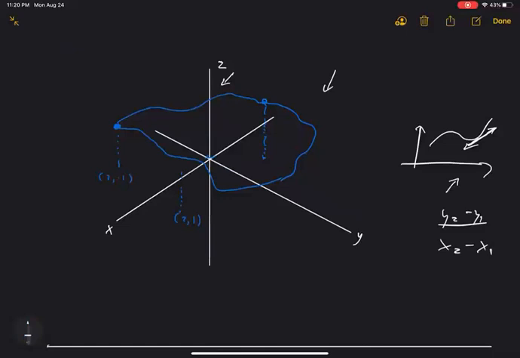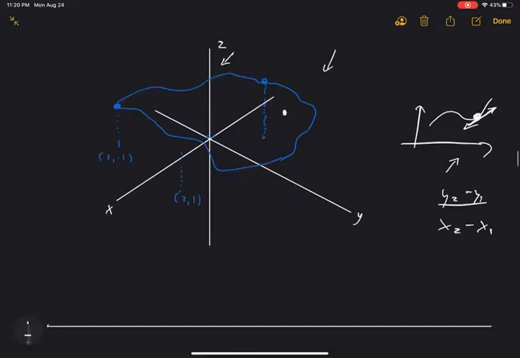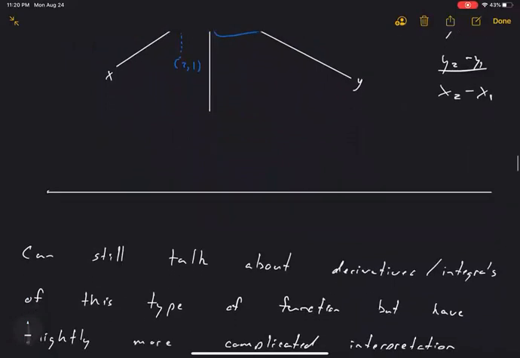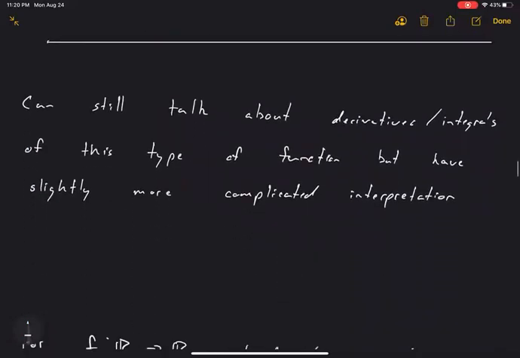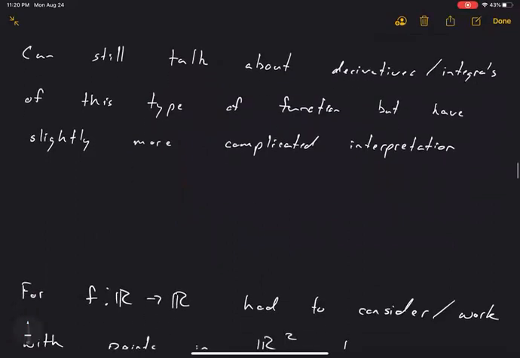And I had to be able to work with these y coordinates and x coordinates. Same thing goes here. If I want to find a derivative here, whatever that looks like, I need to be able to work with the points in R3. And that's kind of what I've stated here. We can still talk about the derivatives and integrals of that type of function, but it's going to have a slightly more complicated interpretation.